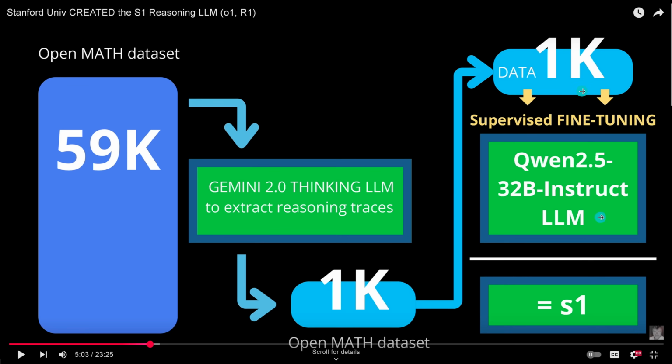So they took this 1K data set on mathematical reasoning and simply took a model from China, the Qwen 2.5 32B Instruct LLM, and supervised fine-tuned this Chinese model on this particular data set they extracted with Gemini 2.0 Thinking. And this supervised fine-tuned model they now call Stanford S1.